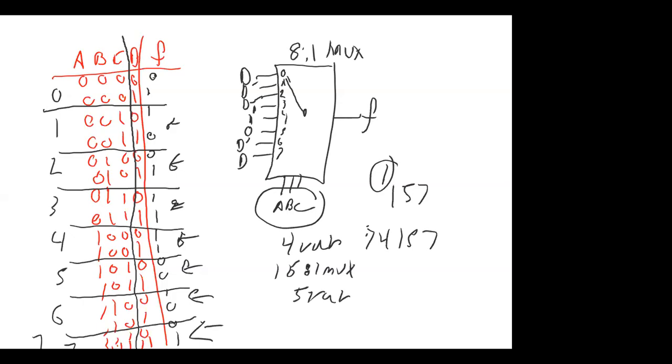And if I wanted to use a 2-to-1 mux, I'd have a 3-variable truth table because it needs 2 selectors to select for, that would be a 4-to-1 mux. It needs 2 selectors for 4 inputs. So you can always implement a truth table that's 1 more than the number of selectors.